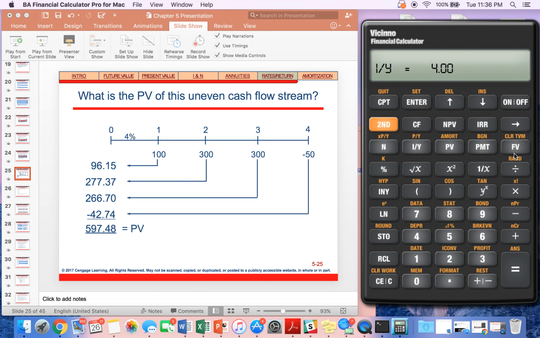Now, people get pretty confused here when we discount individually. Yes, this is an annuity. In the grand scheme of this entire uneven cash flow stream, this $100 is an annuity. It's a payment. But when you individually value each of these cash flows, that payment actually is the future value. So in this question, we're going to put in 0 for our payment, and the $100 is going to go into the future value.